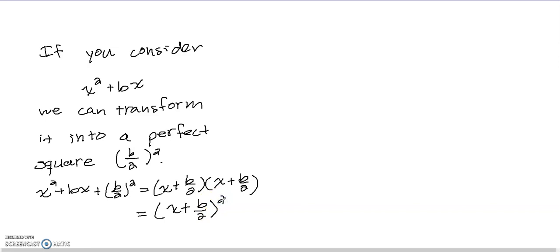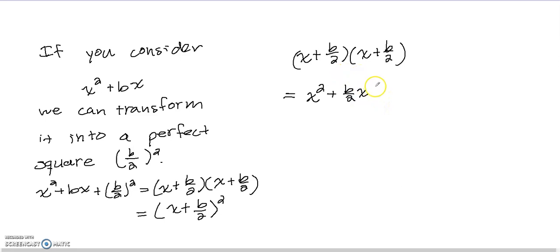Just to check that that actually works, you could take x plus b over 2 times x plus b over 2 and FOIL it out to make sure that it does in fact simplify to x squared plus bx plus b over 2 squared. So x times x is x squared. Your outside term, x times b over 2, is plus b over 2 times x. Your inside term is also b over 2 times x.